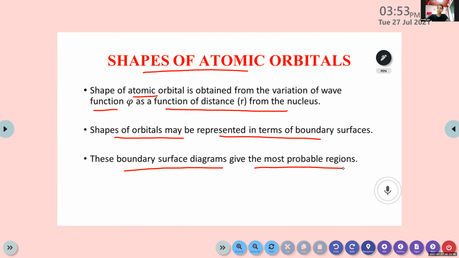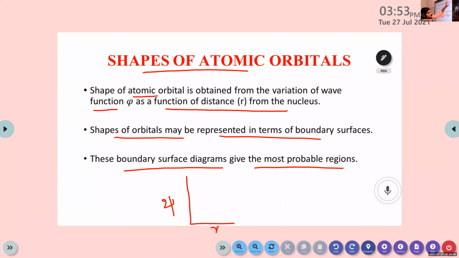Ma'am, will you repeat the first point? First point, that means the graph. We can find out the shape of an atomic orbital just by finding the variation between the wave function psi and the distance r from the nucleus. Do you have the textbook with you, children?